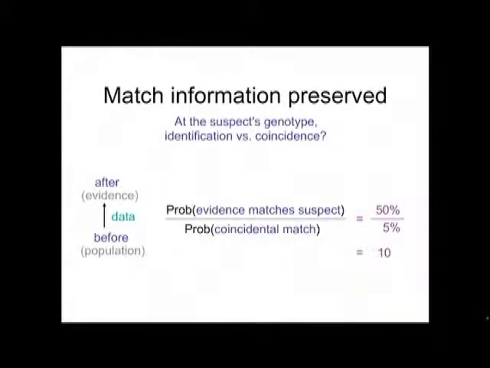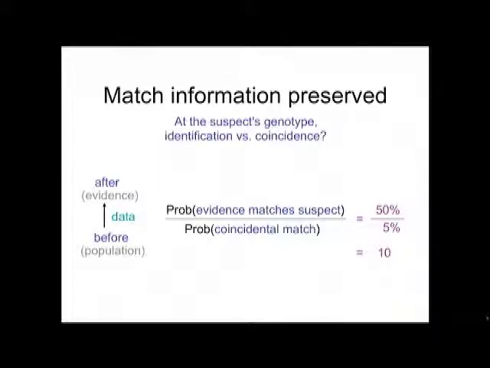So what happens when you compute the match statistic? What happens is that because the probability of the matching genotype here, say, is only 50% instead of 100%, the numerator for that genotype comparison is reduced to 50%. The denominator stays the same. The coincidence is still 5%.